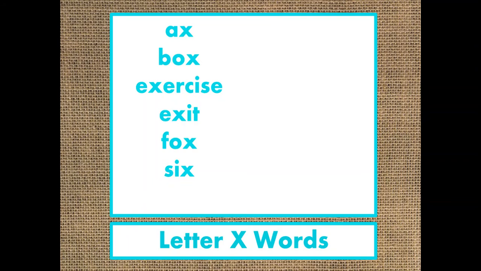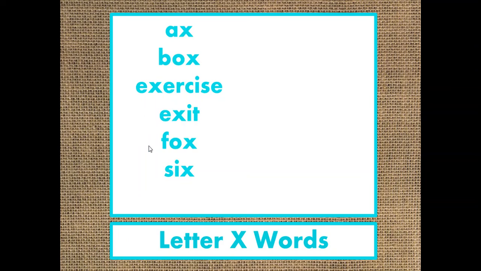Now, here's our list. We only had 6 words on our list today, and that's okay. Let's say them again and listen for the X sound that's somewhere else in the word. It's not at the beginning. Say axe. Say box. Exercise. Exit.